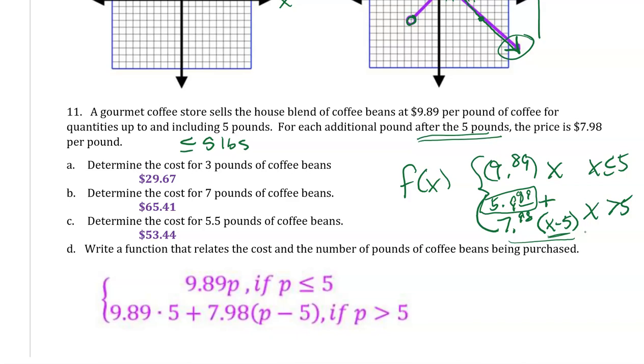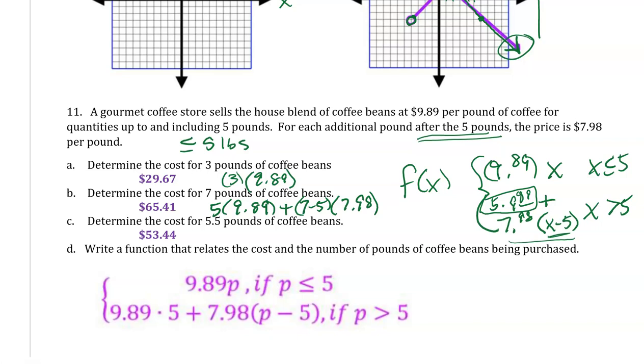So 3 pounds of coffee, 3 times 9.89. 7 pounds of coffee, 5 times 9.89 plus 7 minus 5, or 2, times 7.98. And that's $65.41.